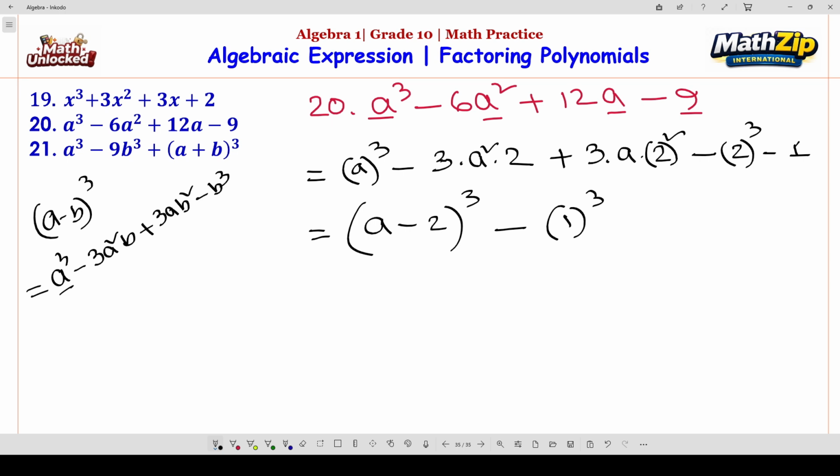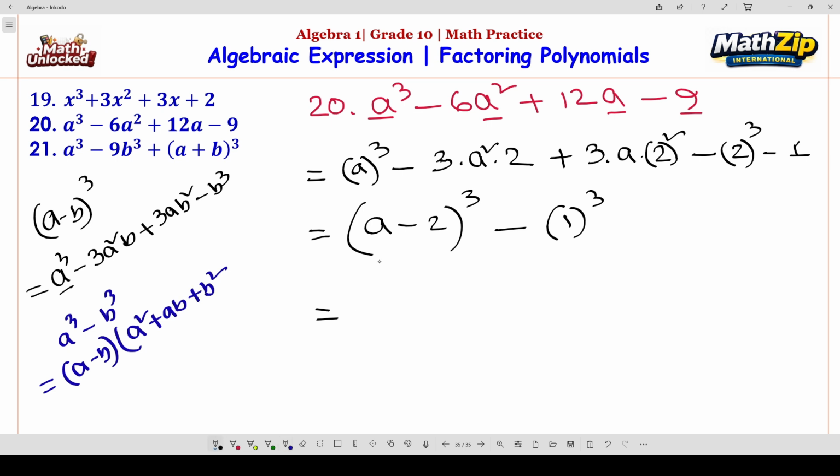Now we can also write the formula of a cube minus b cube. What is that? A cube minus b cube, we know, is a minus b times a square plus ab plus b square.